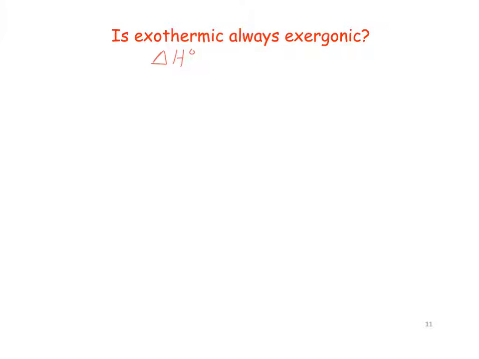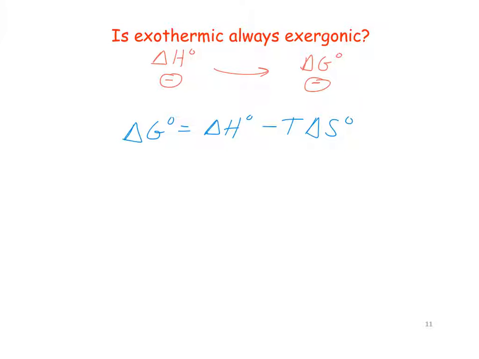how is delta H related to delta G? Is something that is negative, that is exothermic, always exergonic? Do you remember this from Gen Chem? Remember, this goes back to the equation I already gave you. Delta G equals delta H zero minus T delta S zero.